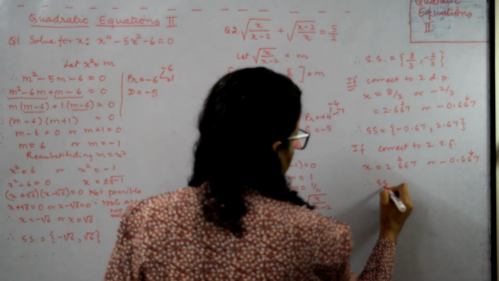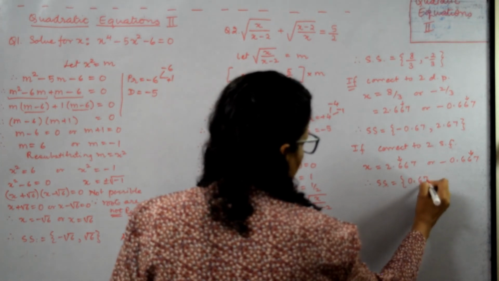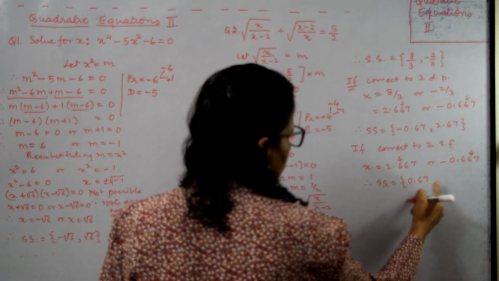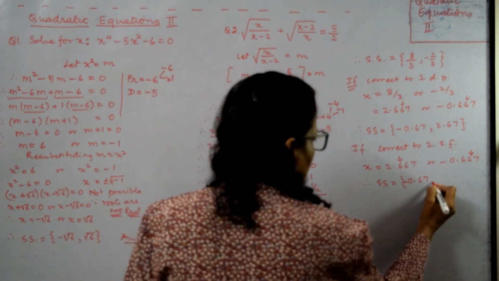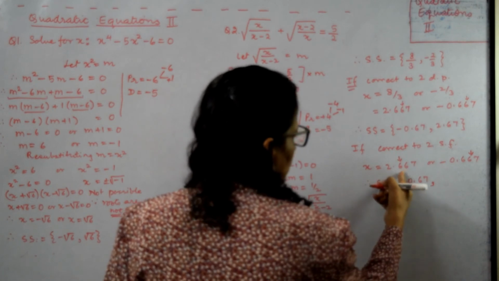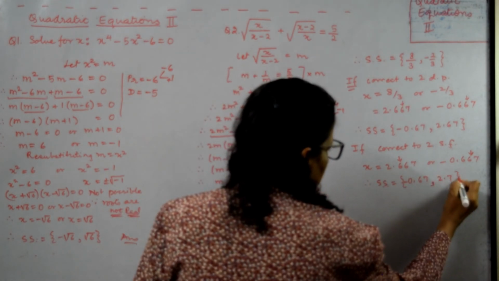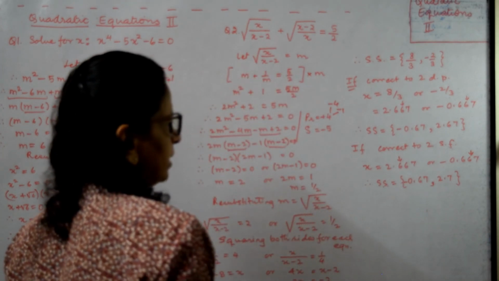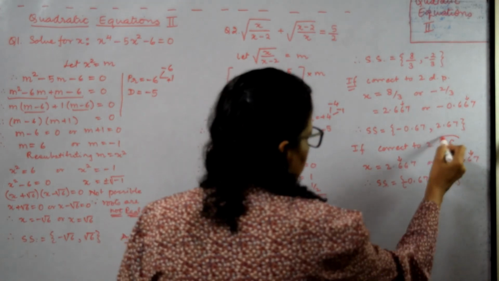So now if you are asked for 2 SF, you will count up to 6 and therefore you will have the solution set equal to minus 0.67. So we have two significant figures and this is having a negative sign, and here you will have to take 2.7. Why did it become 2.7? Because you are asked for two significant figures.